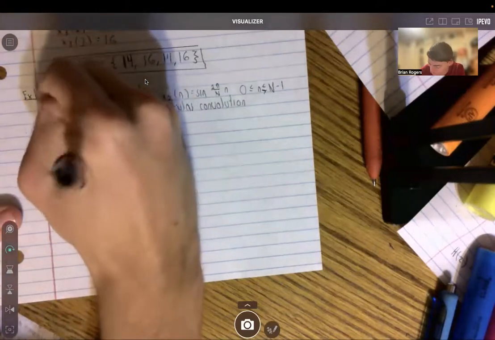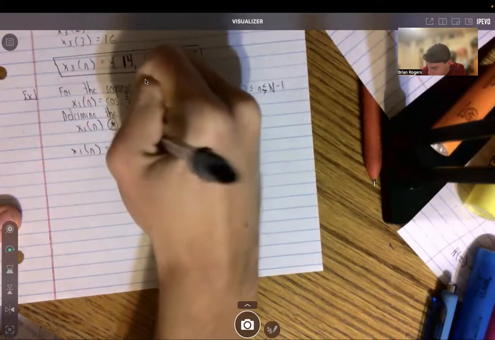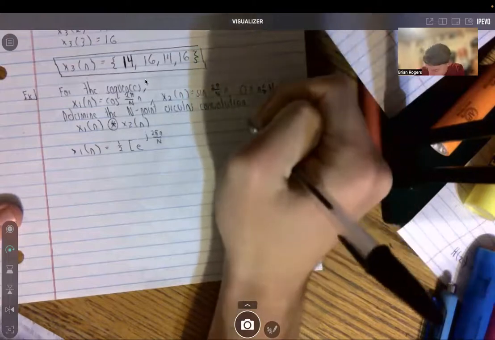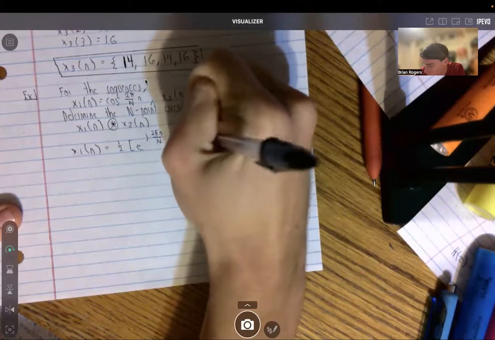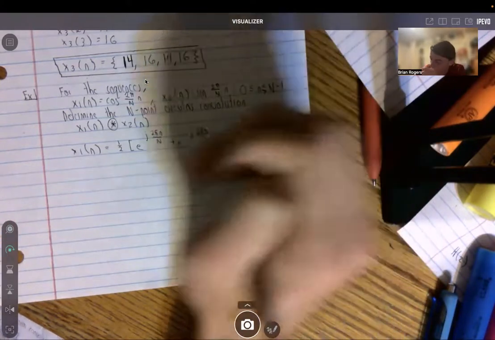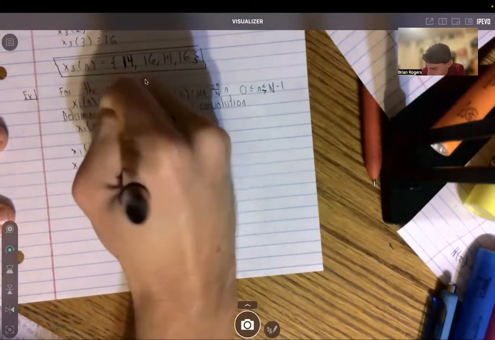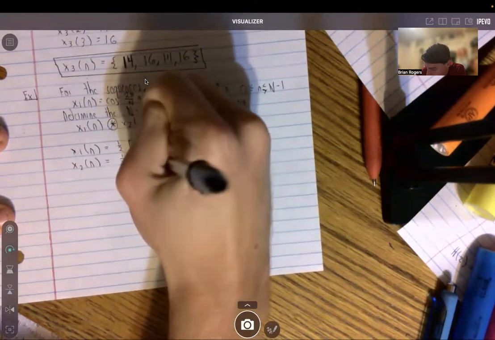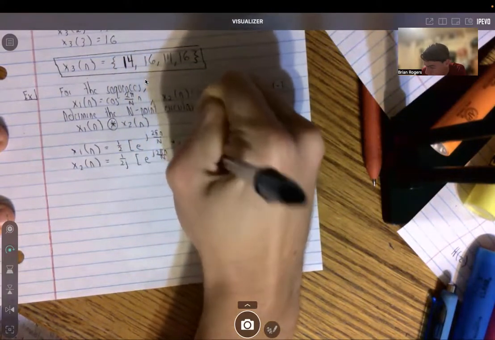So if we wrote x1 of n in terms of its exponential format, we would get one half times e to the j 2 pi n over capital N, plus e to the negative j 2 pi n over capital N. And then for our x2 of n, we're going to get 1 over 2j times e to the j 2 pi n over capital N minus e to the negative j 2 pi n over capital N.